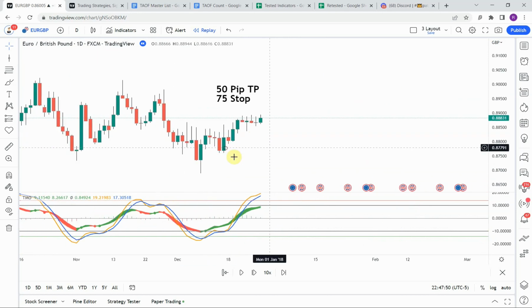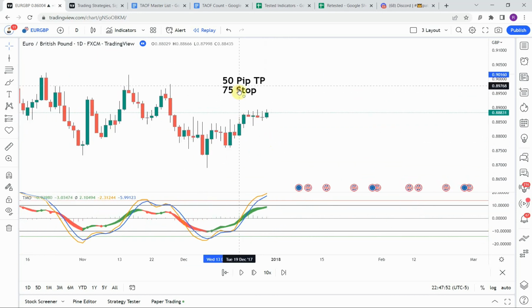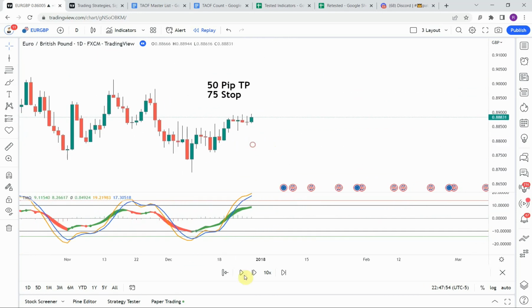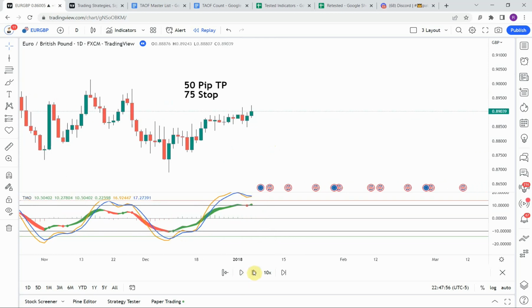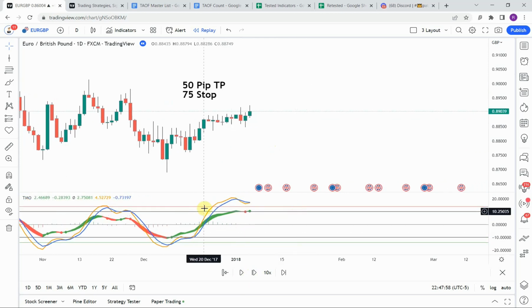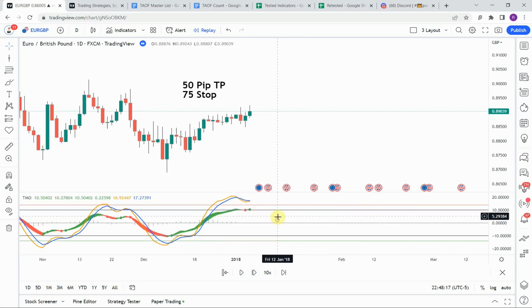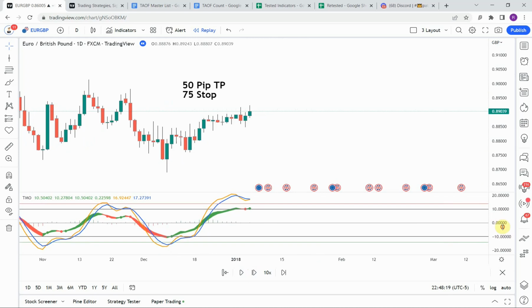So let's go ahead and play it forward here so that it doesn't get too long. We'll take a look at it as we are going along. All right, so you see right here that the orange and blue line oscillator is well up above this overbought area right here. And you can see that our ribbon has crossed up into that overbought zone as well.